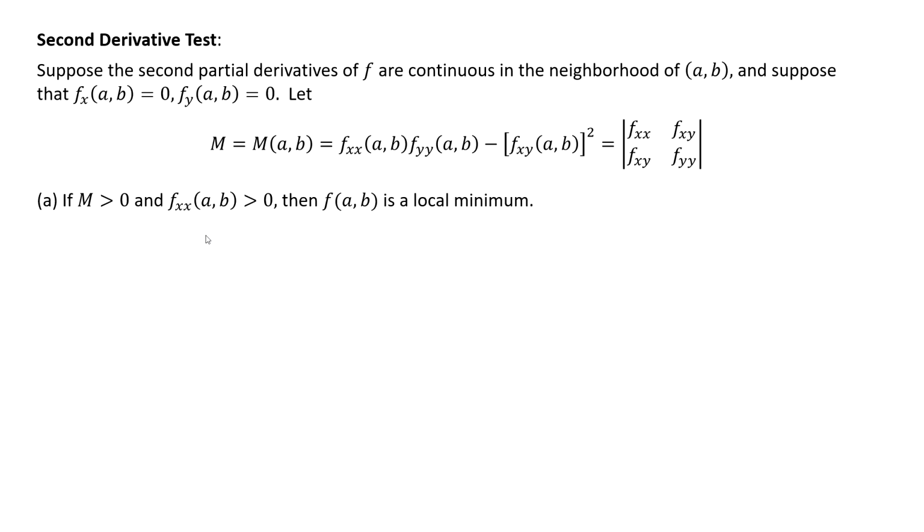Let's pick f of x equals x squared. f prime is 2x, and f double prime is 2. But f of x is equal to negative x squared if it's an upside down parabola. f of x equals negative x squared, f prime of x is negative 2x, and f double prime is negative 2.